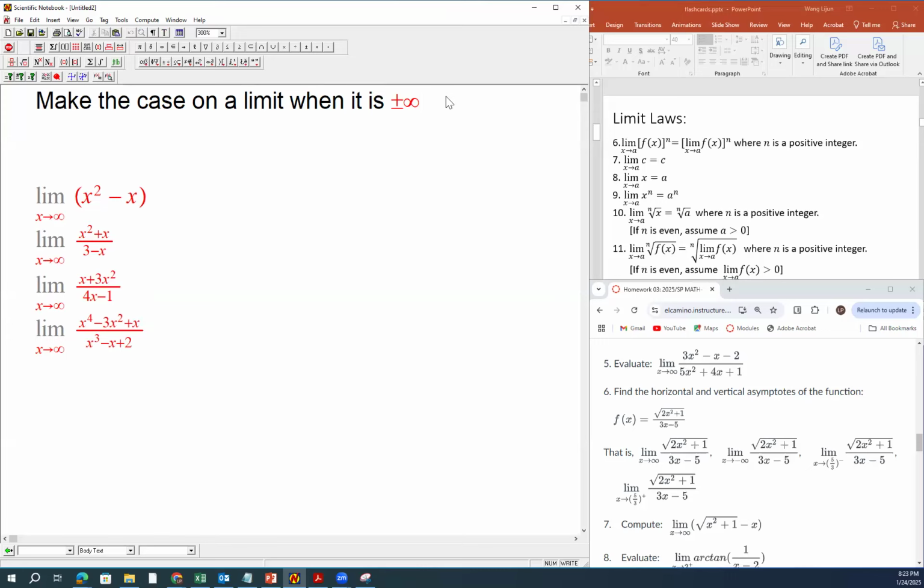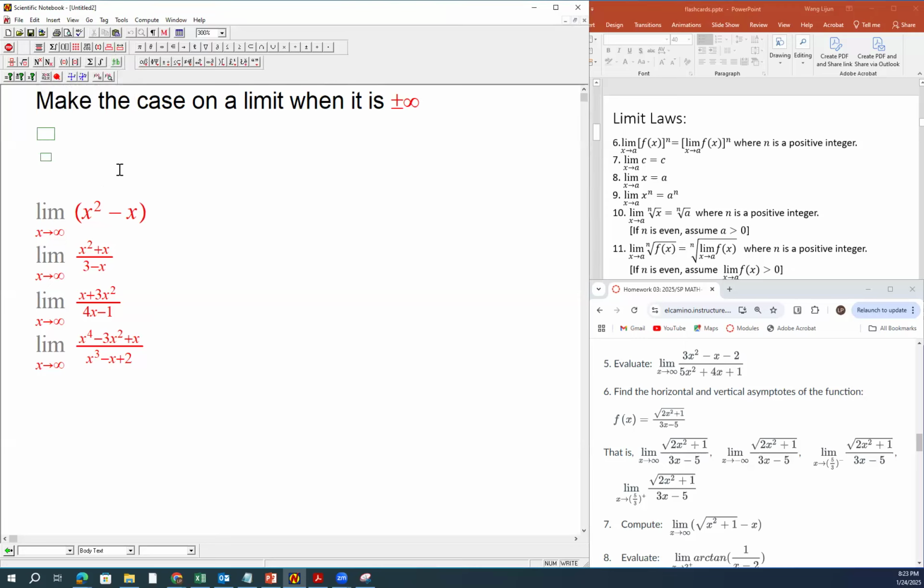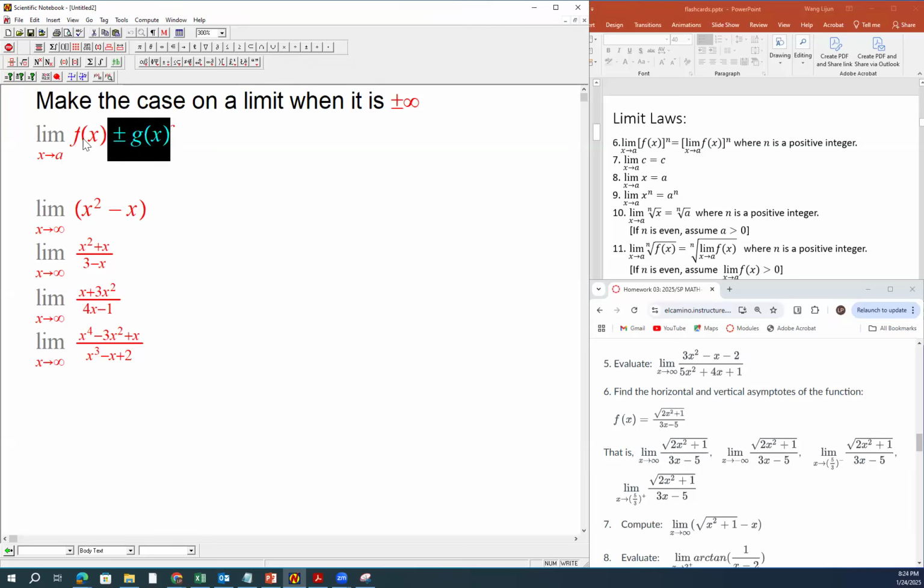Because we know that when we have a limit situation, and we have talked about whether x is approaching a, if we take the limit of f of x plus or minus g of x, when both limits do not exist, we cannot apply the limit law.